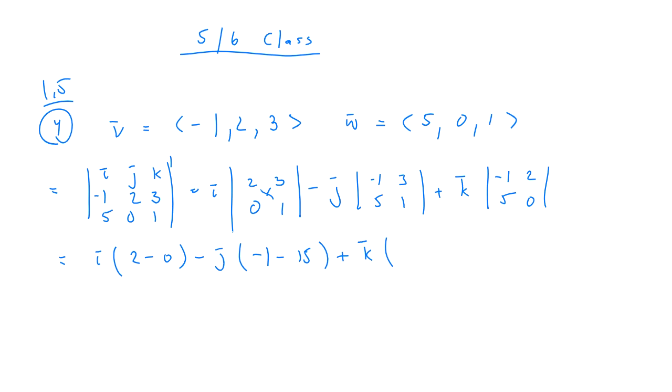And the 0 minus that. And then I usually rewrite it where I get rid of the i's, j's and k's. So the i is just the first element, so the 2. And negative of negative 16.